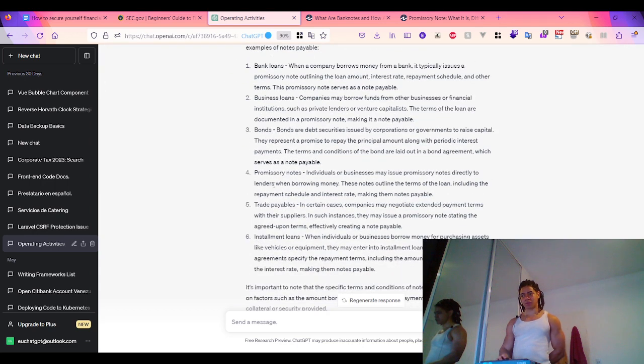And then you have promissory notes, which individuals and businesses issue directly to lenders when borrowing money, outlining the repayment schedule, interest, and other conditions. Then trade payables and installment loans.